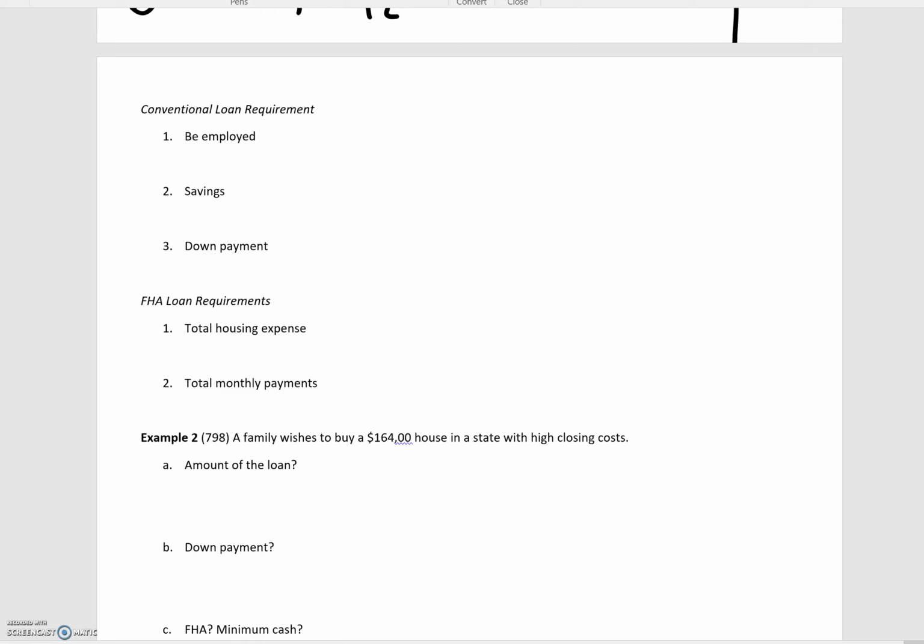So a conventional loan, and once again, right from the text, you need to be employed and a resident of the state that you're purchasing. Typically, you need to provide evidence that you have savings for one or two mortgage payments.